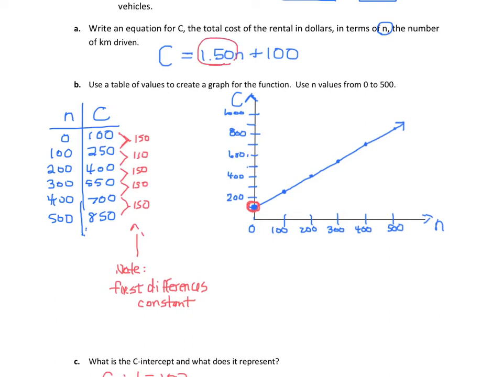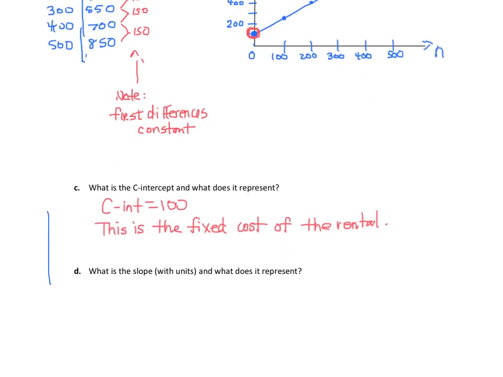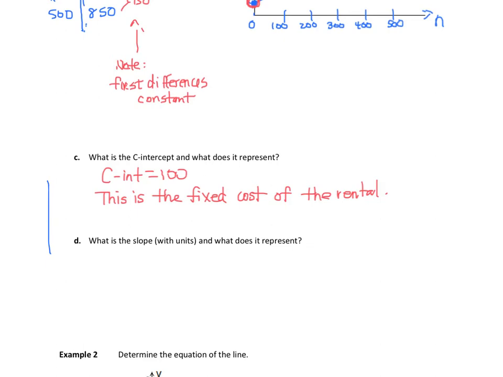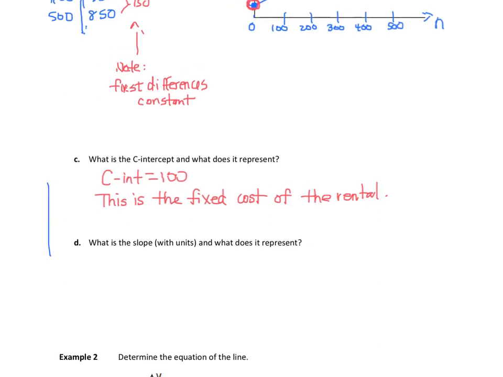So in this equation, the slope would be $1.50. Okay, so we'll say m equals $1.50.